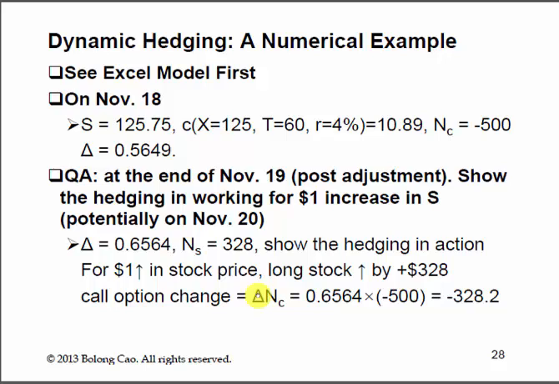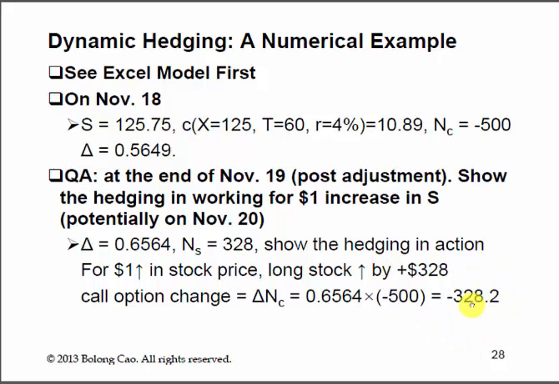So the call premium change should be delta times the number of calls we have written. This is exactly delta times the minus 500, and that's our liability. So this is negative 328.2.